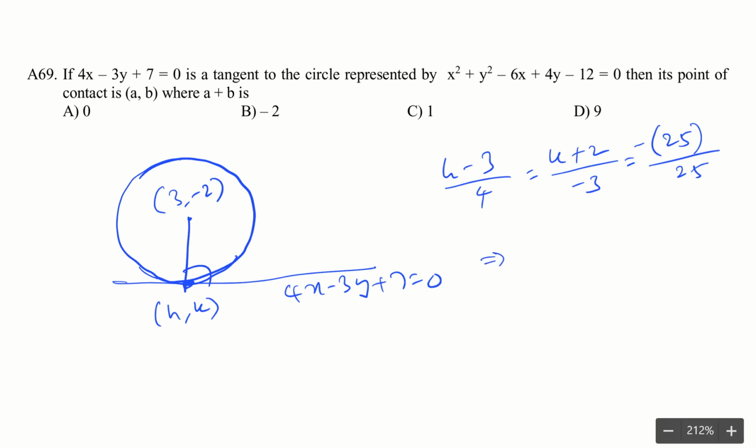So I have h as minus 1 and k as 1. Therefore I have h plus k. Okay, he called it a comma b, therefore a plus b is 0. Let's go to the next problem.